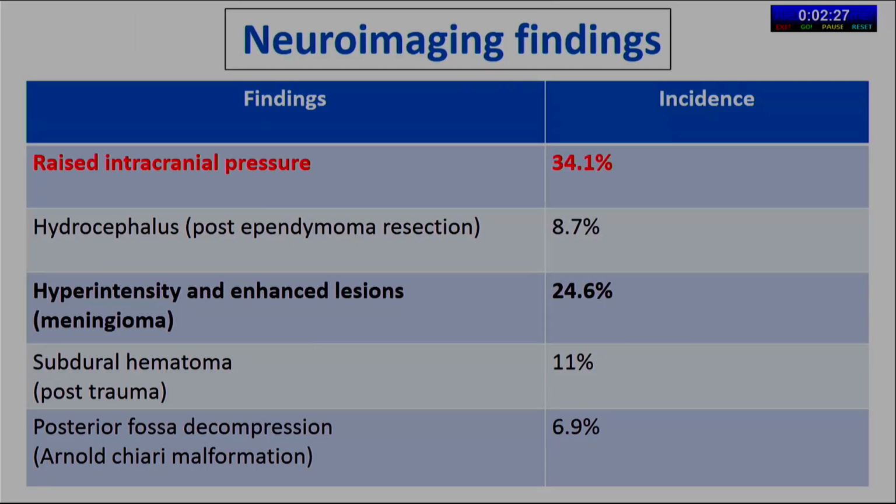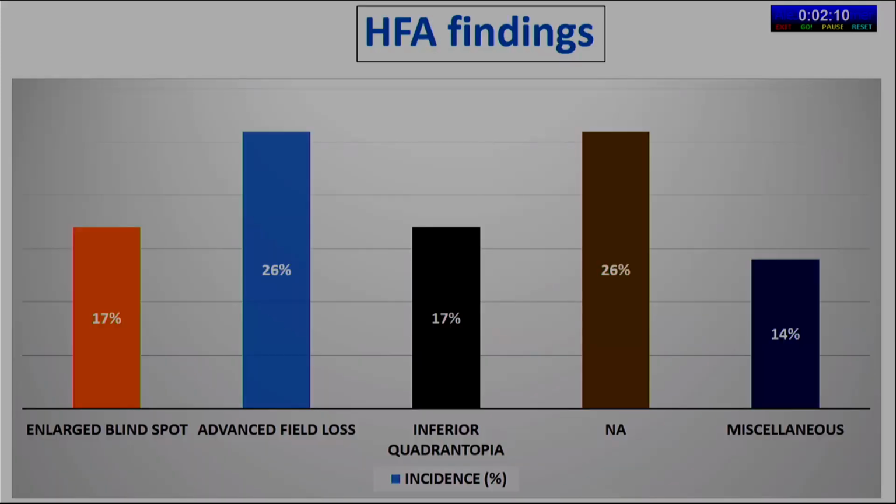We did neuroimaging, which is MRI brain and orbit with contrast, along with MR venogram with contrast wherever applicable, which revealed raised intracranial pressure as the most common finding, followed by hyperintense and enhancing lesions in 24.6% of the patients. On HFA, advanced field loss was the most common finding, followed by enlarged blind spot and inferior quadrantanopia. Due to poor vision, visual fields could not be obtained in 26% of the patients.